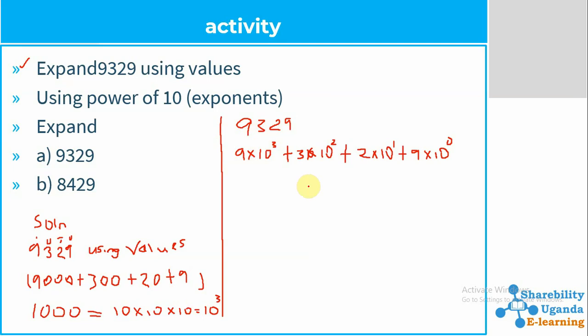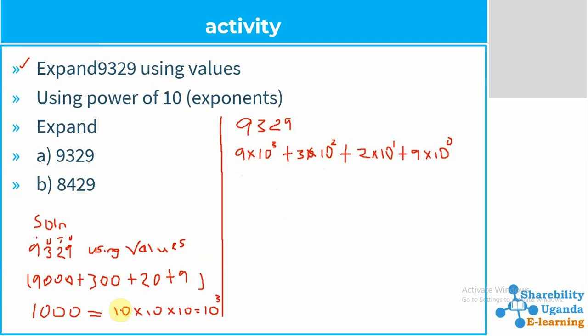So to make a recap, if they tell you to find out the values, this is how you should write your number and stop at this stage. But when they tell you to find out exponential powers, or expand using exponentials, or using the powers of 10, then you should solve it using this formula. It is very simple to understand.